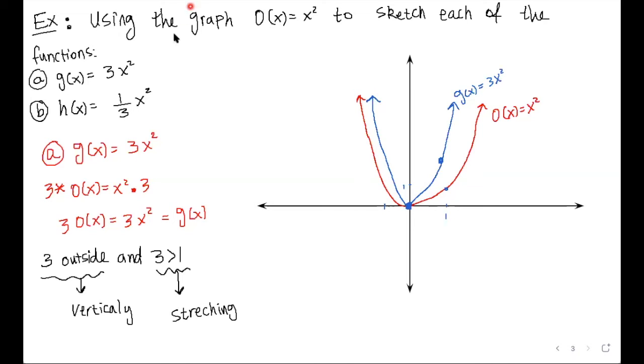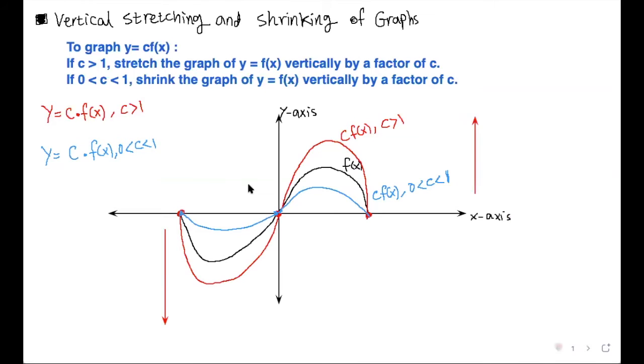So again, to graph this function, we graph the original one, the red one. Then by using the rules from before, the number is outside the function. Now we check the number.